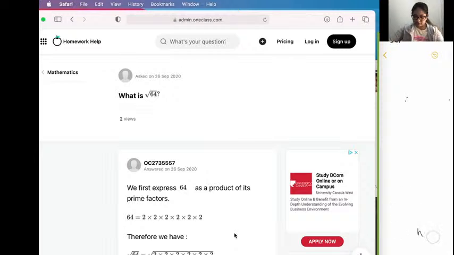And so the second question says, what is the square root of 64? So square root of 64 equals what? The first simple way we can do it is to make a tree, a tree branch type of method.